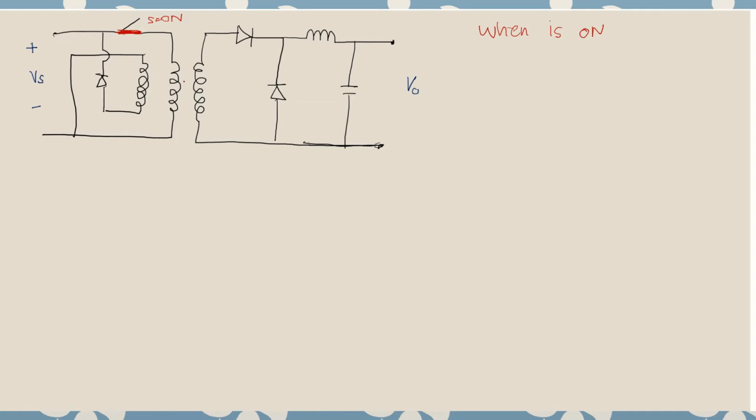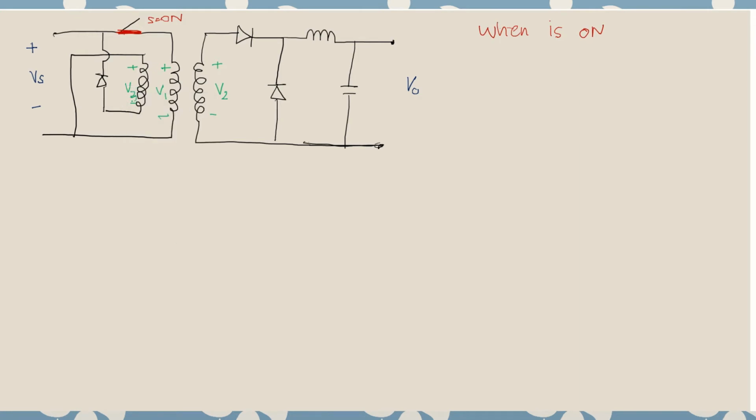So let's put the labels. Let's say this one is plus minus V2. This is plus minus V1. This is plus minus V3.